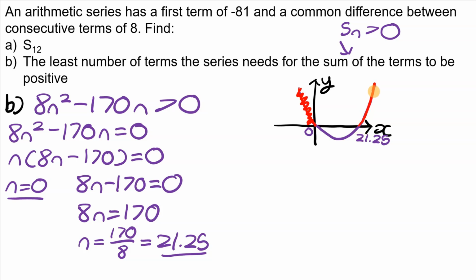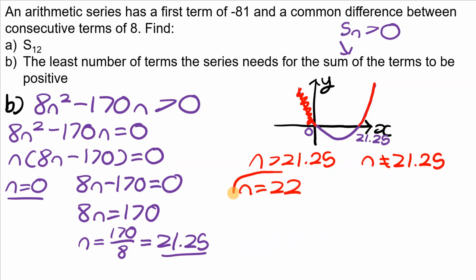So we can see that this section is where n is bigger than 21.25. Now obviously n cannot be equal to 21.25 because you cannot have a decimal for the nth term. So we're looking for the smallest whole number that is bigger than 21.25. So therefore n is equal to 22.